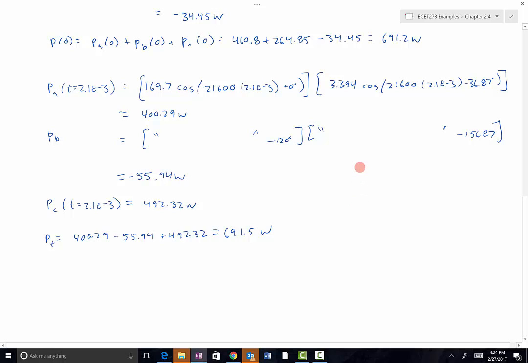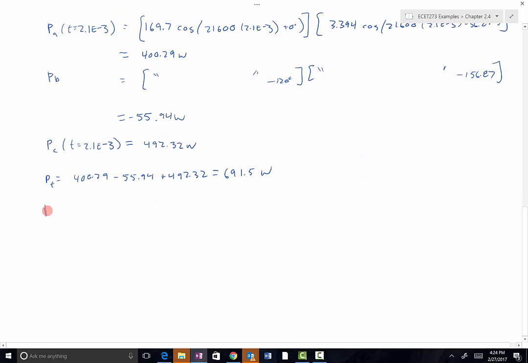Off a little bit due to rounding errors. I'm not going to go through the whole calculation. You can do it for yourself, but the total power at t equals 4.1 milliseconds is going to give you a value of 691.2 watts. So again, the same number all three times.